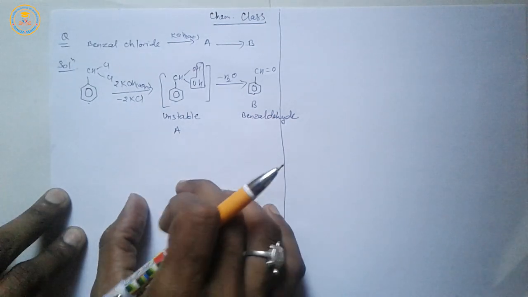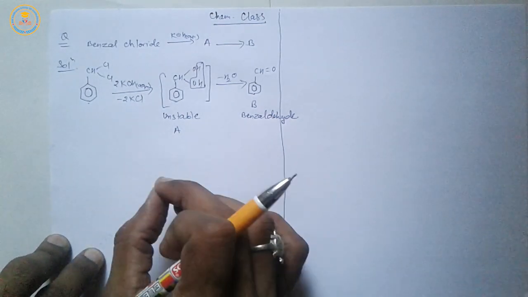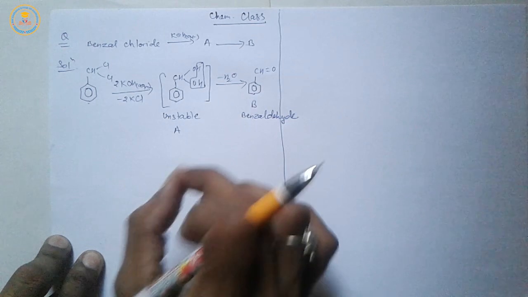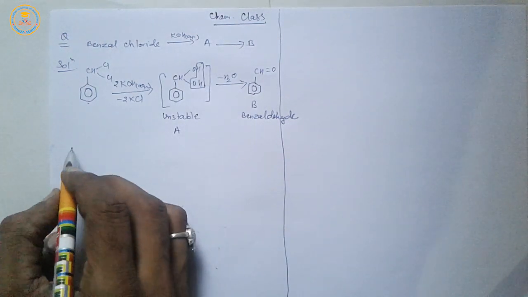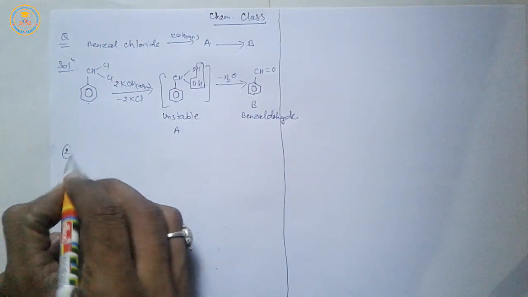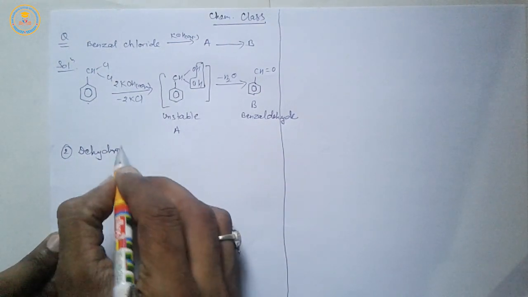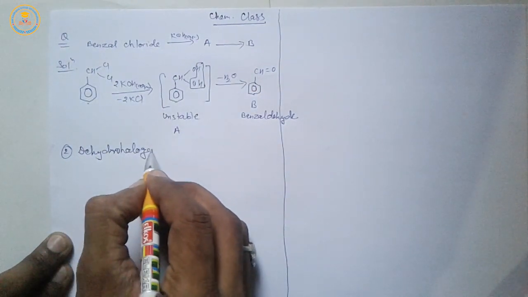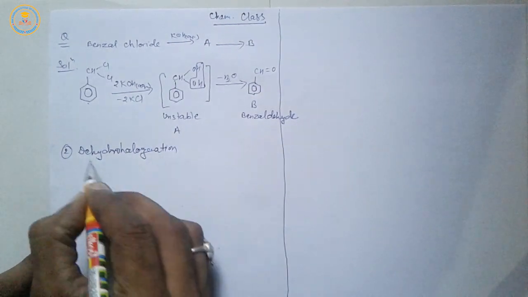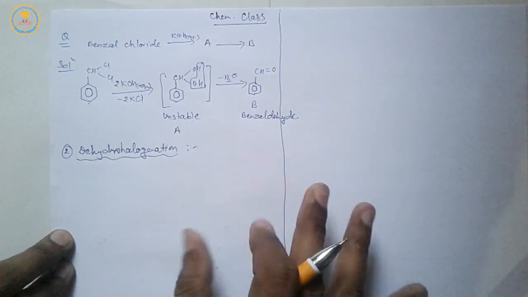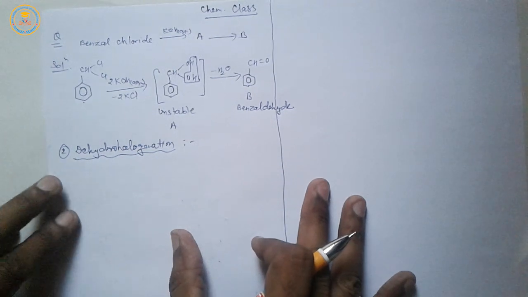Let's begin today's class. Second chemical property of dihalogen derivatives is dehydrohalogenation. D means remove.